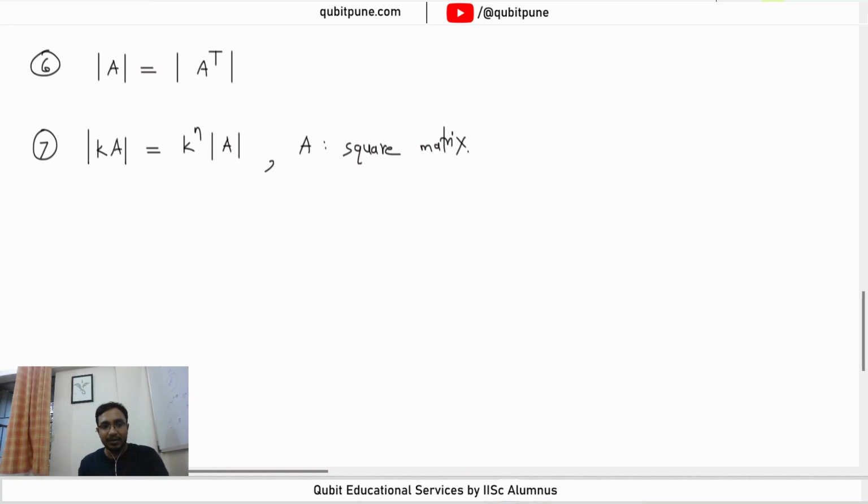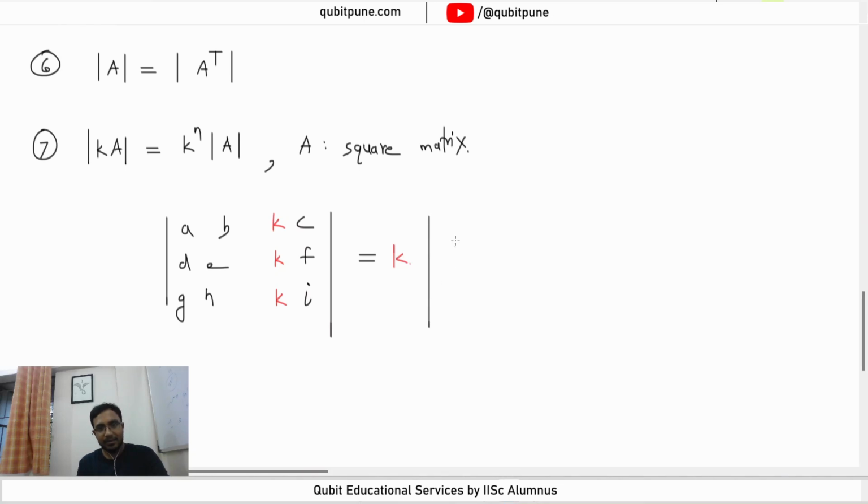But in determinants we actually use this property: let's say we choose the third row and multiply every element of the third row by a number k. Then the value of the determinant itself gets multiplied by that. We say we can take the factor common from any row or any column.